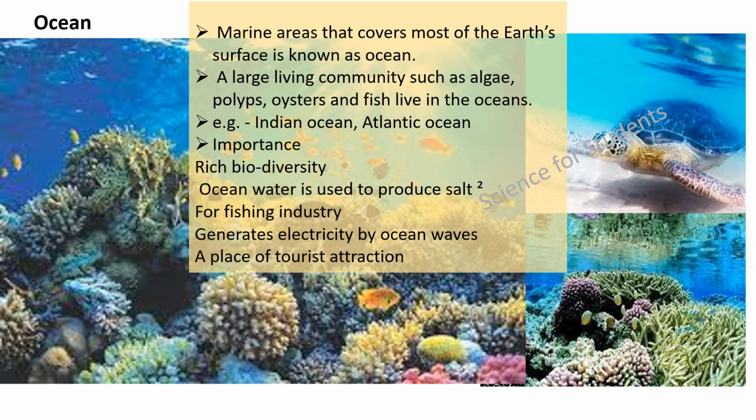Examples for oceans: Indian Ocean, Atlantic Ocean, many more there. What is the importance? Rich biodiversity. Ocean water is used to produce salt. Used for the fishing industry. Then electricity is generated by ocean waves. A place of tourist attraction.